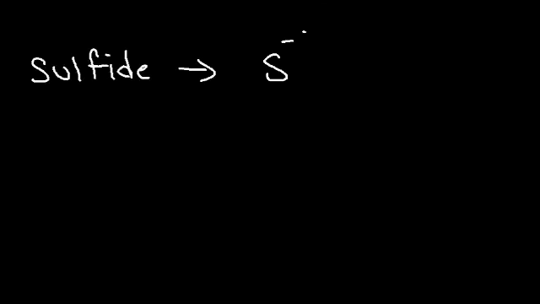Let's say we have the monatomic ion sulfide, which is S2-. The acid is going to have the formula H2S. Hydrogen has a charge of +1, so if the charge is negative 2, it needs to bind with 2 hydrogen atoms.